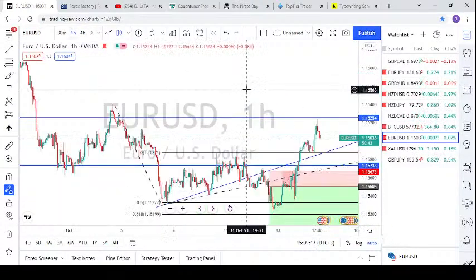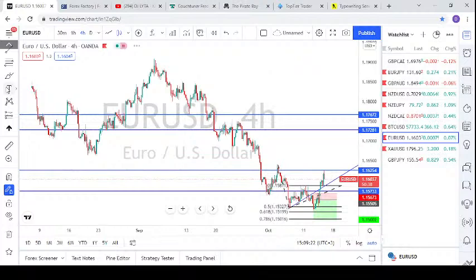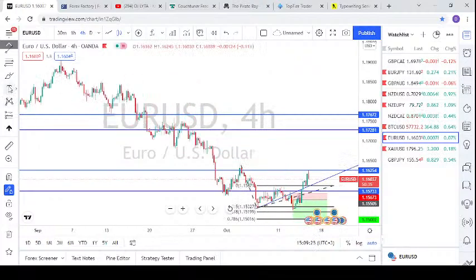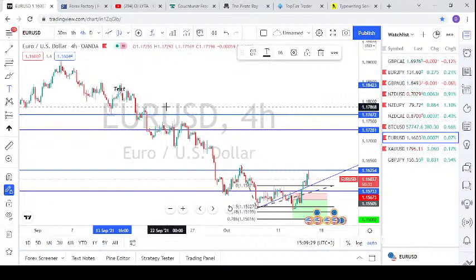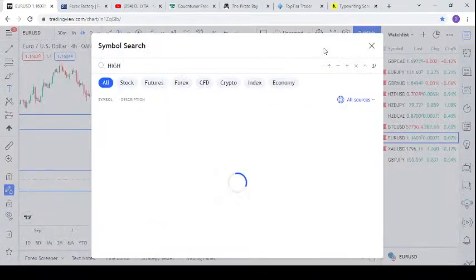Still my bias is on the continuation towards the lower side until we see the previous H4 high being broken, which is now this. Remember, this is our low. This was a high, past high.